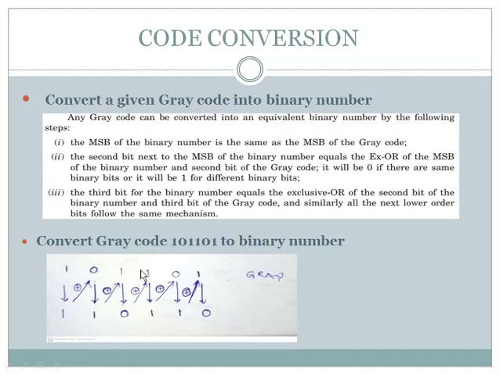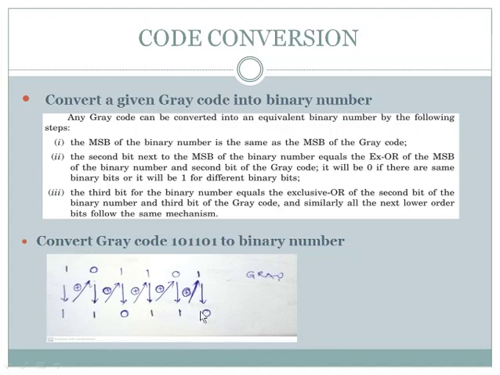We are converting from a given Gray code to binary, so we'll start with the MSB, and the MSB of the binary number is the same as the MSB of the Gray code. So those two MSBs are the same.